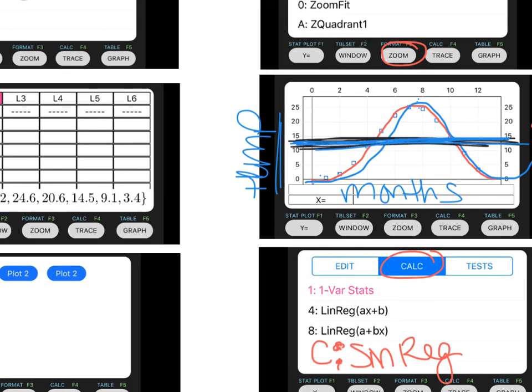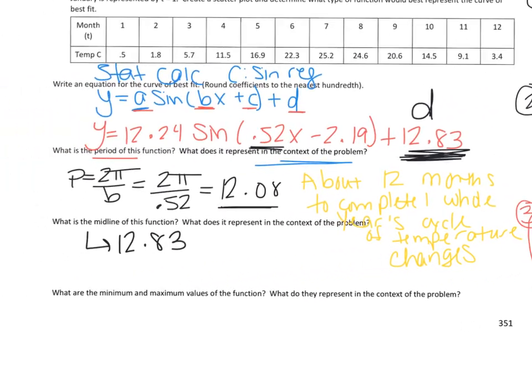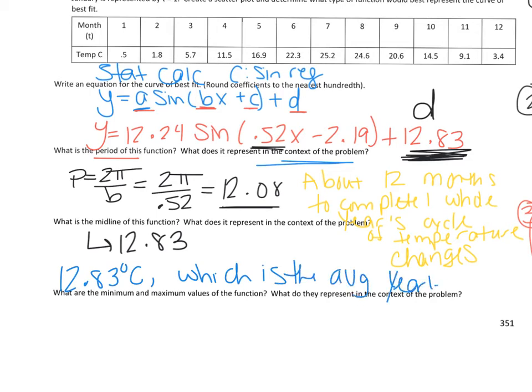So that 12.83 is the average temperature in degrees Celsius over a year's period. So this is 12.83 degrees Celsius, which is the average yearly temperature.